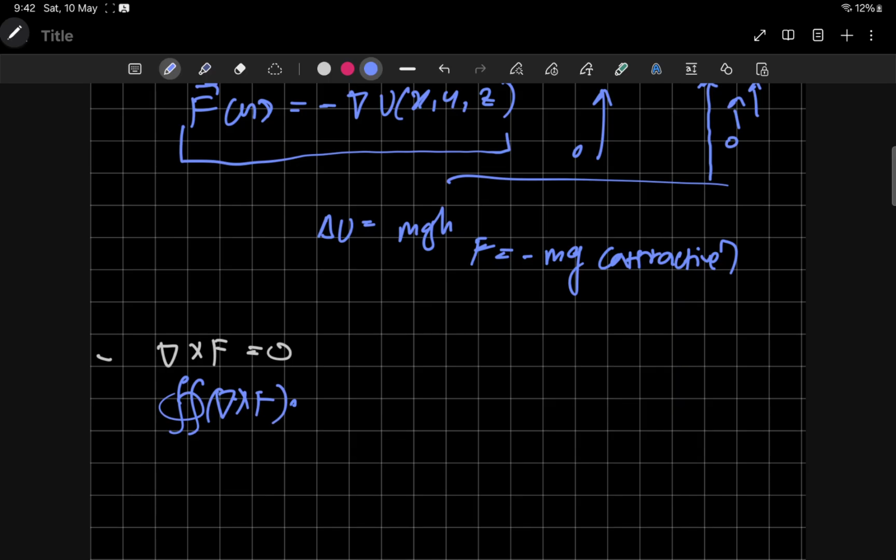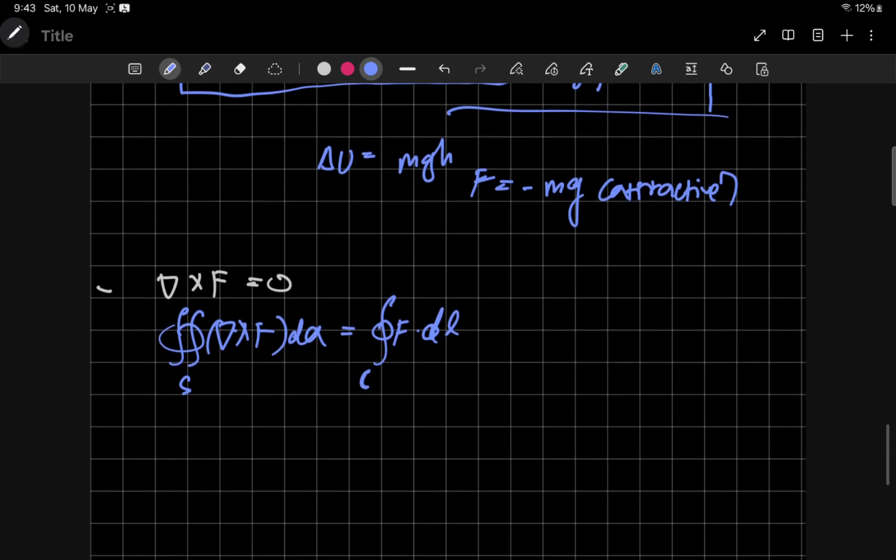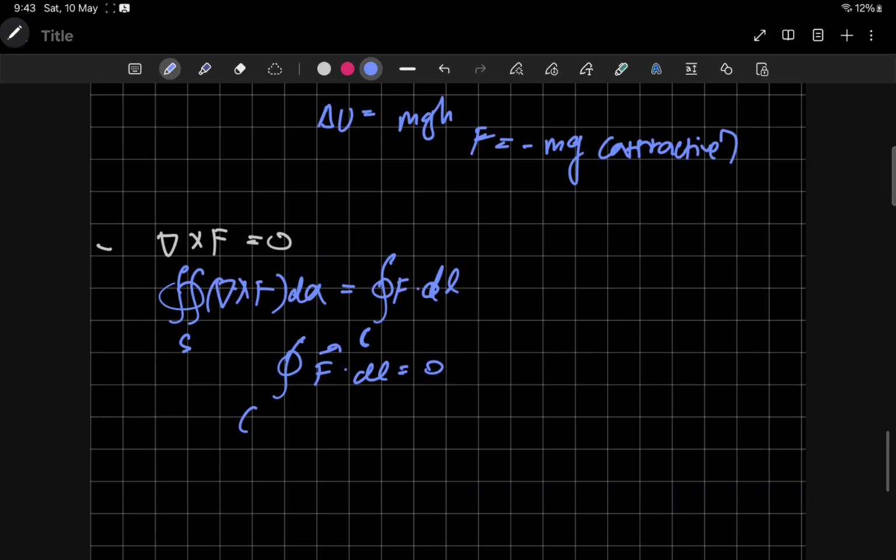So you have the curl over a volume, so it's expressed in terms of a closed line integral, and the work done in a closed loop is always 0. So that means curl of F is also 0.